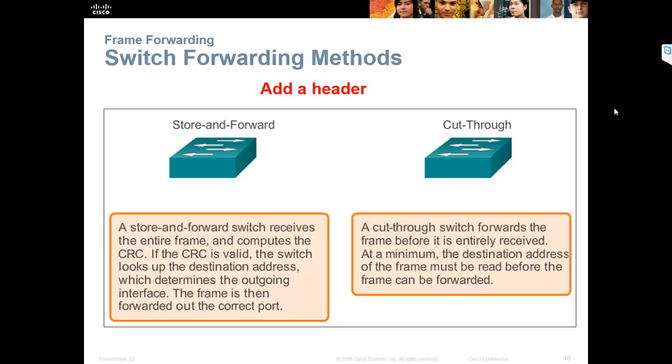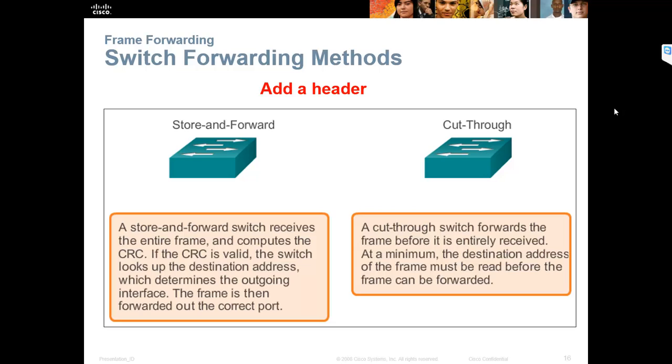But store and forward basically gets the entire frame first and computes what's called a cyclic redundancy check. If you think back to some of your other classes, a CRC is just a mathematical algorithm that we're going to run on that data, and it's going to provide a number. The reason we run that number is because that number is stored in the packet of data coming from another system.